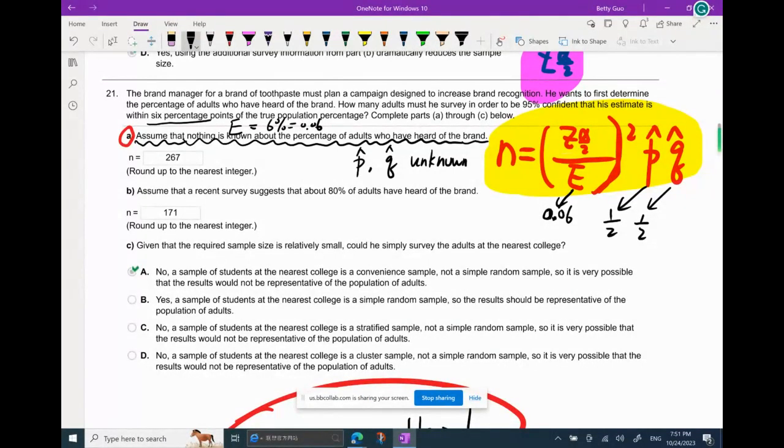This is more reasonable than using other numbers. Use 50%, half chance success, half chance failure.